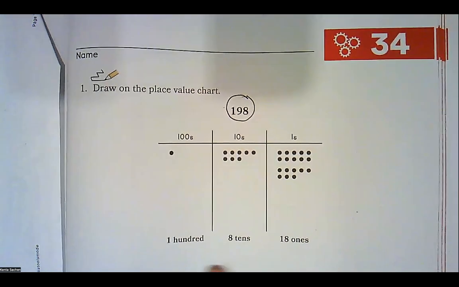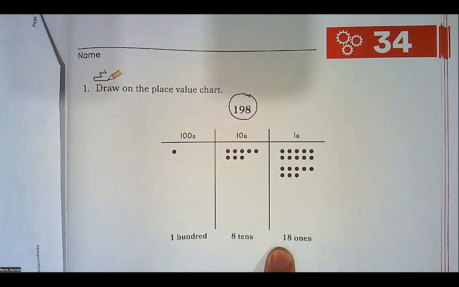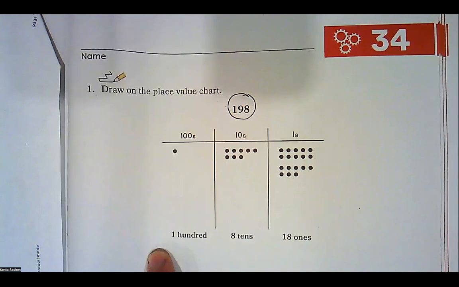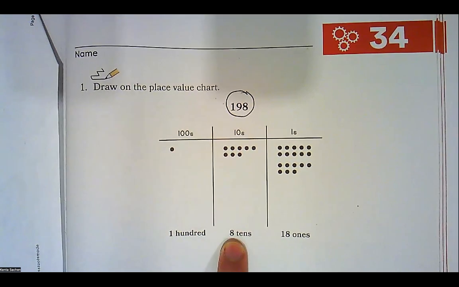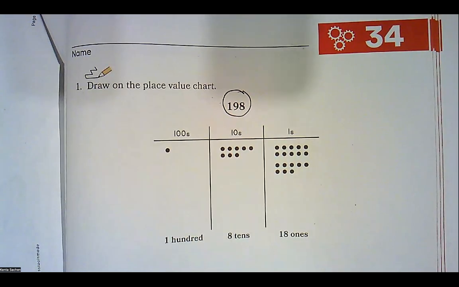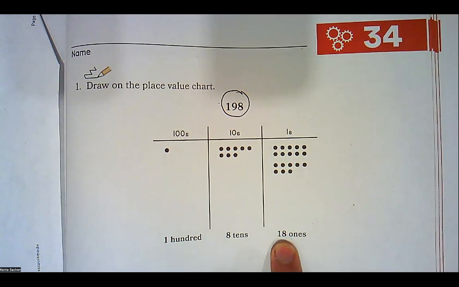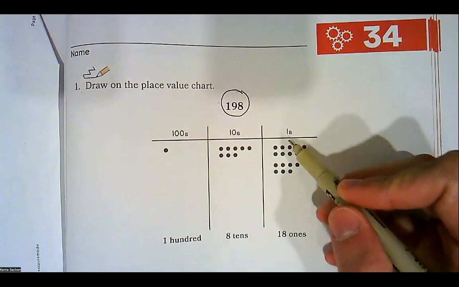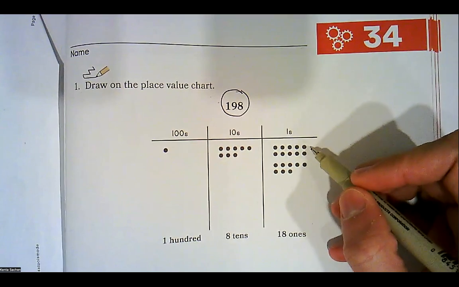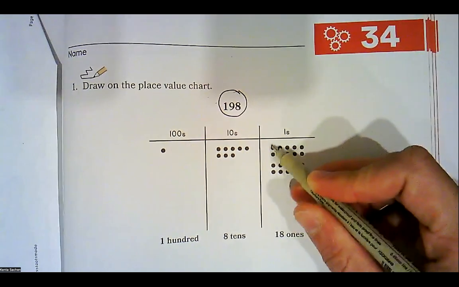Now, our first place value chart has 100, 8 tens, and 18 ones. Now, you might be saying, well, 198 should be 100, 9 tens, and 8 ones. What you should also be thinking, though, is that there's too many ones here, right? There's 18 ones. So if you remember, what we can do is we're going to take 10 of these ones.